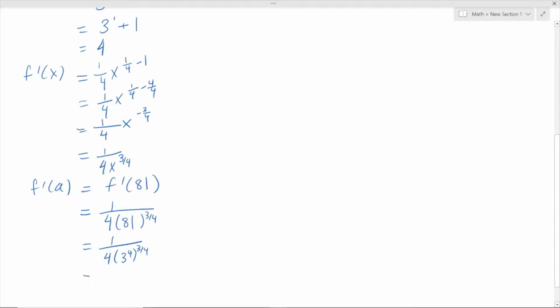And then we get 1 over 4 times 3 to the exponent 4 times 3 over 4, because we can rewrite it because of the exponent laws. And we can cross out these 4's.